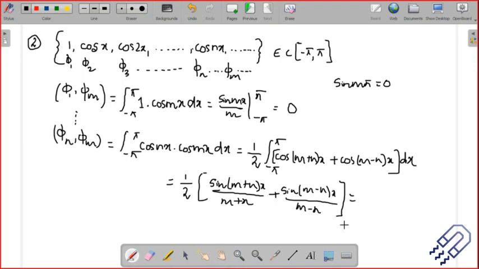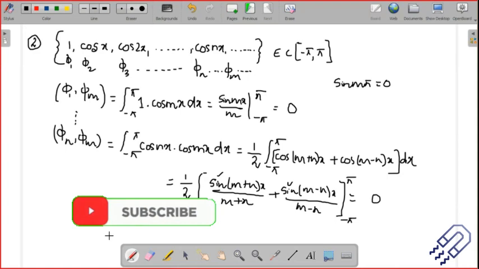This has to be equal to 0 because, if I take it from minus pi to plus pi, both of them are sine functions. You evaluate it and the answer is 0. So if you take cos 2x, 3x, nx, whatever, you are going to get 0.